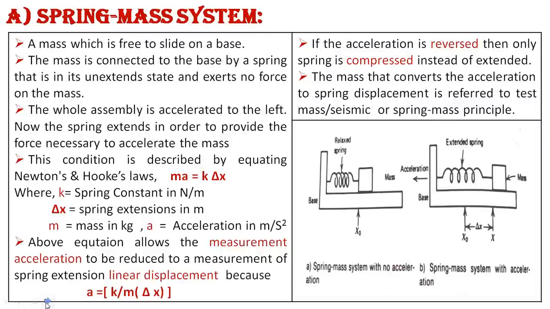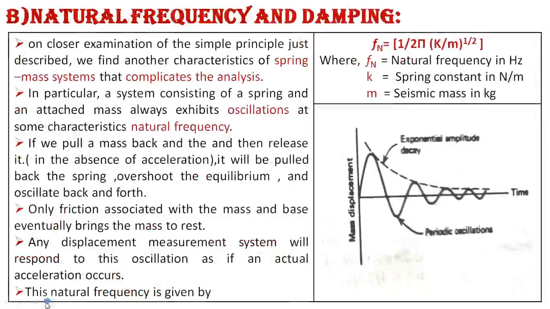If the acceleration is reversed, then the spring is compressed instead of extended. The mass that converts the acceleration to spring displacement is referred to as the test mass or seismic mass, the spring mass principle.